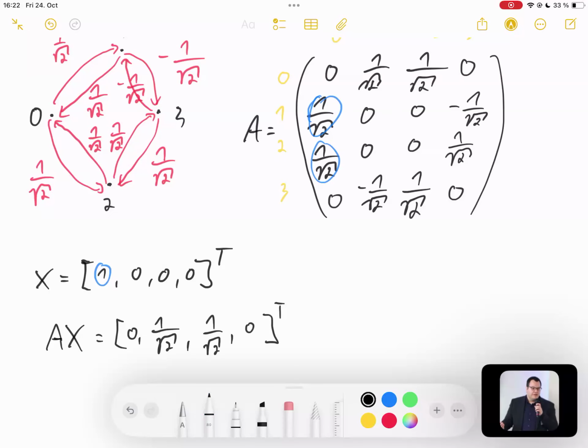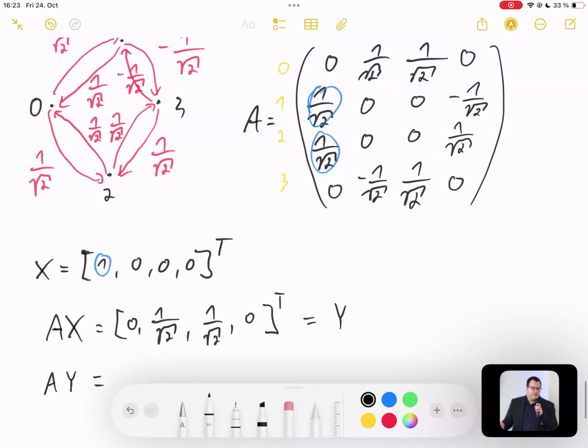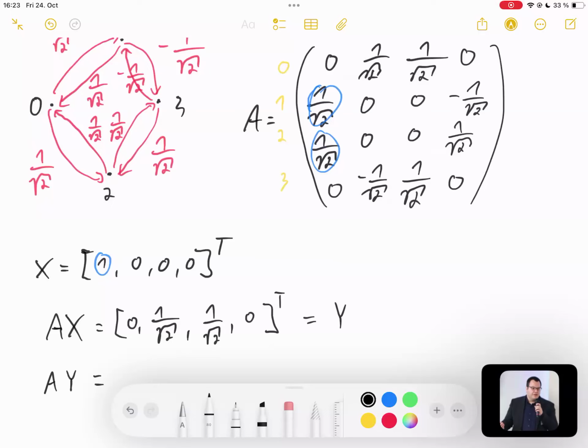But what gets interesting now, and this is called y, if you multiply y with a, you will see something super interesting. We can try this out together. So we have y, and the first entry is 0, and the last one as well.